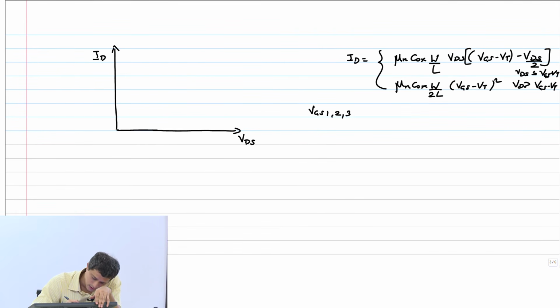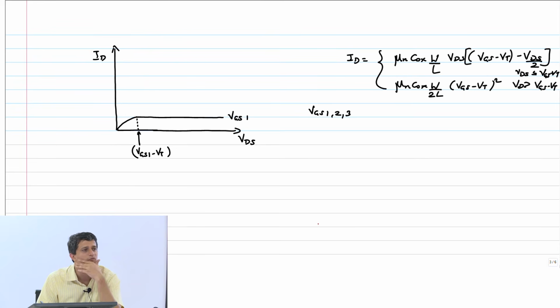So this will basically be a quadratic thing. Till what point will it go? So this is VGS1 minus VT. This is a quadratic line, and what happens after that? It just remains like this. So this is VGS1.